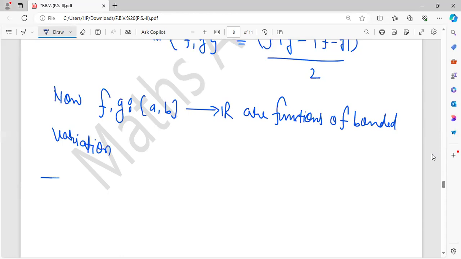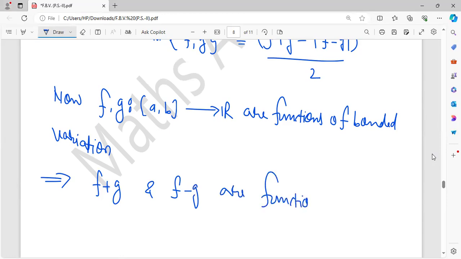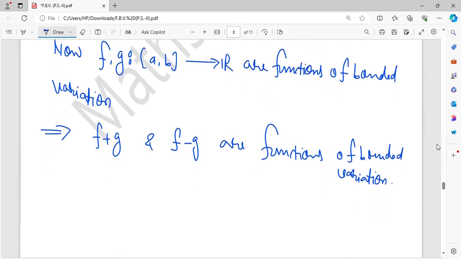So this implies f plus g and f minus g are functions of bounded variation. If f is function of bounded variation, its absolute function is also function of bounded variation.